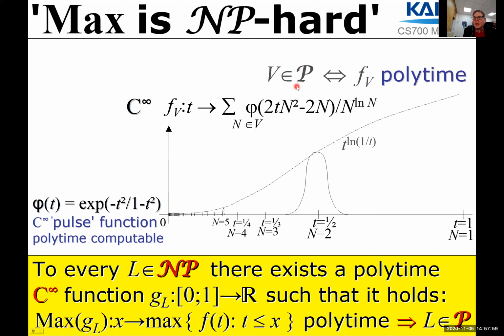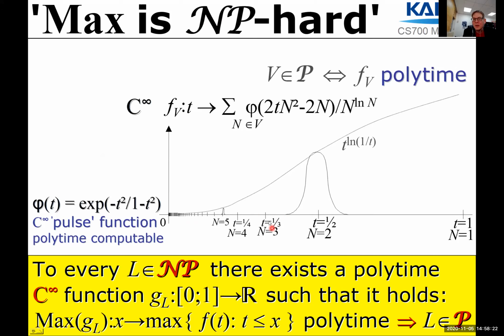So the first direction is: suppose that decision problem V is polynomial time decidable. Then we can compute the function in polynomial time as follows. Again, the same general idea. Given the argument t, determine in which of these subintervals t lies, right?